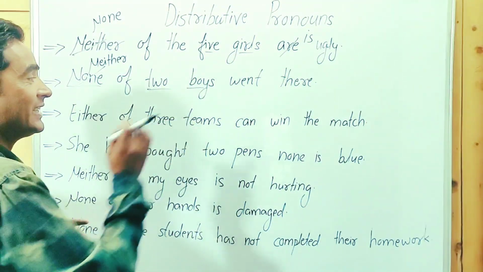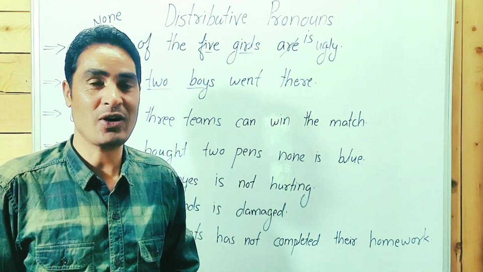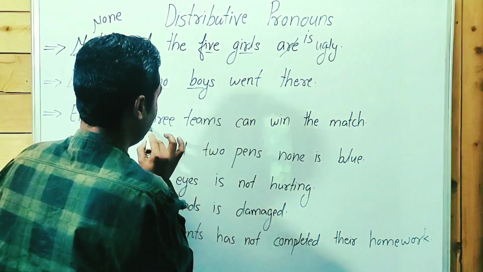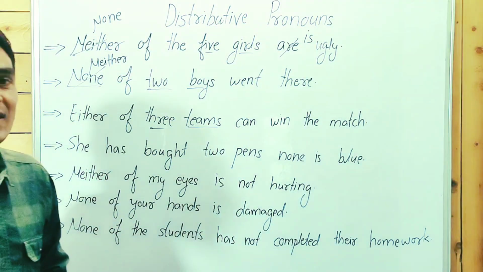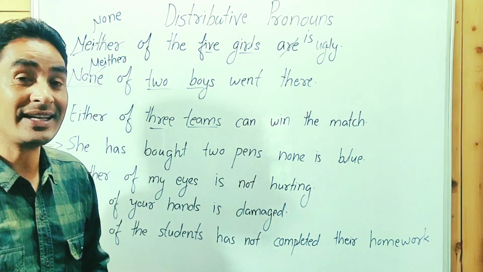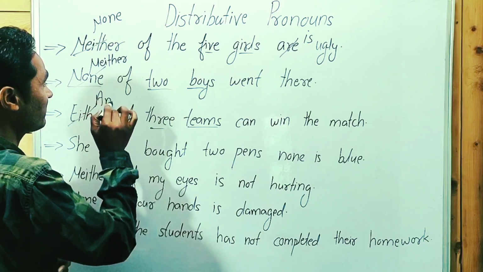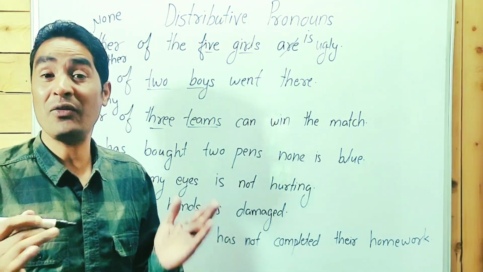Either of three teams can win this match. Either stands for 1 out of 2, but we are talking about three teams. So in this case, we have to write any, not either. Any stands for 1 out of many, 1 out of 3 or more.